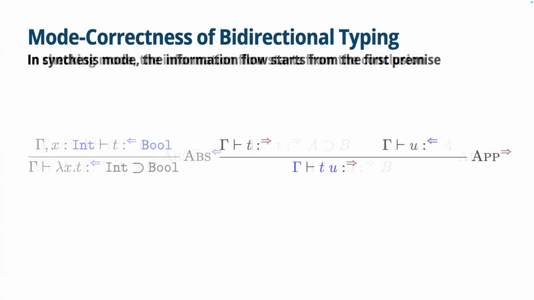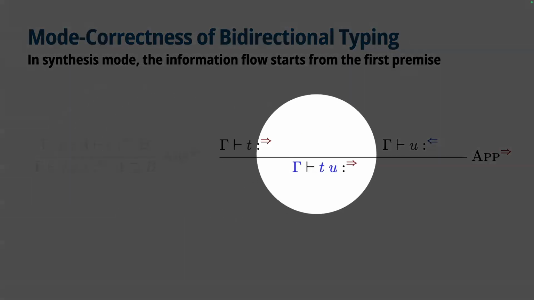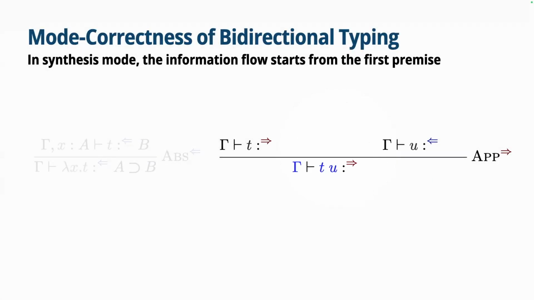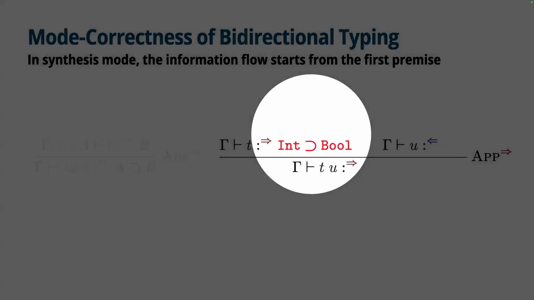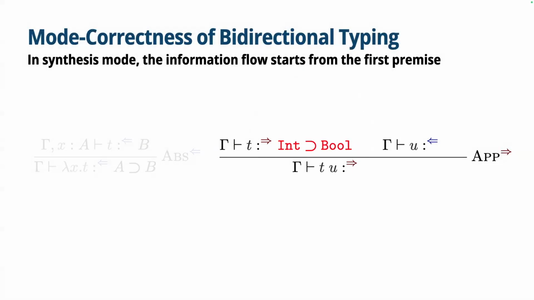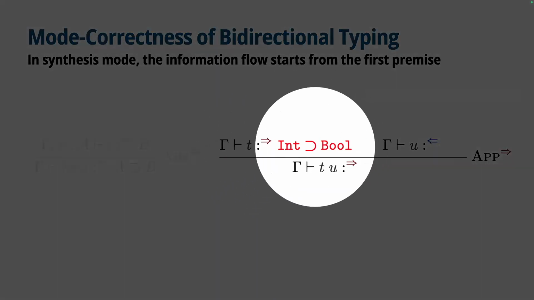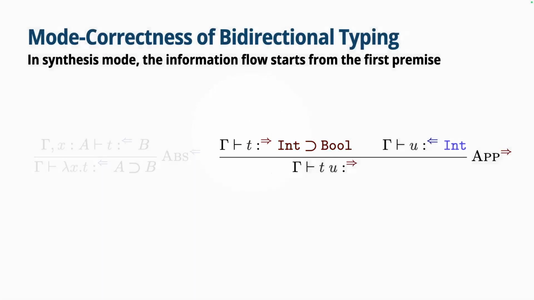Okay, but if we have a synthesis mode in the conclusion, like this application, where we want to synthesize something, then we start from the premises and try to derive some type information. And if the type you derive is actually a function, okay, then we will know the domain and the codomain, and we can use this information again to check if the argument has the right type.